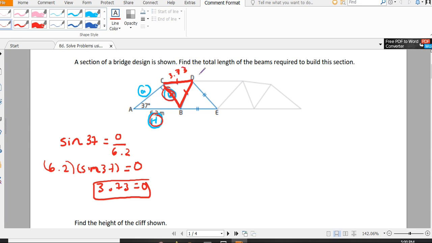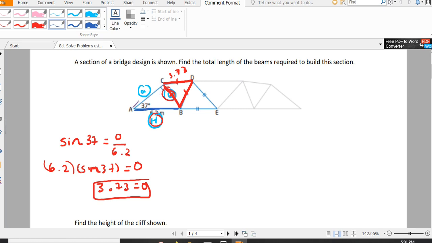Now, I know what this side is, so I'm just going to highlight the sides I already know. I know this is also 6.2. Now, I need to find this side still, don't I? I could use SOHCAHTOA again to find this side, or I can look at the fact that this is a right angle triangle, and I can use a squared plus b squared equals c squared.